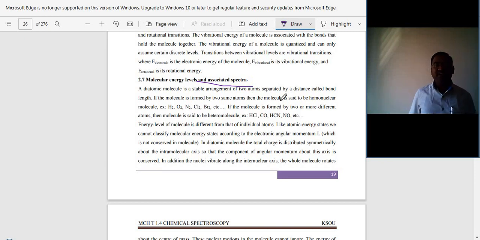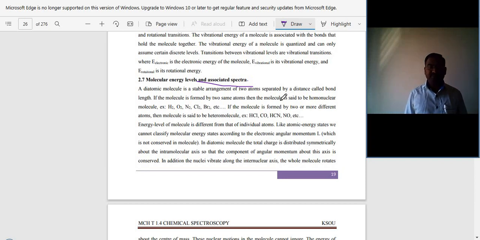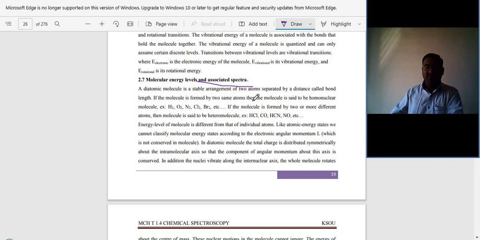Next, molecular energy levels and associated spectra. We consider that a diatomic molecule is a stable arrangement of two atoms separated by a distance called bond length.